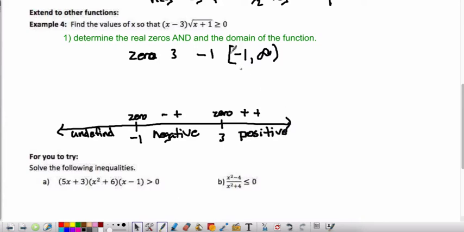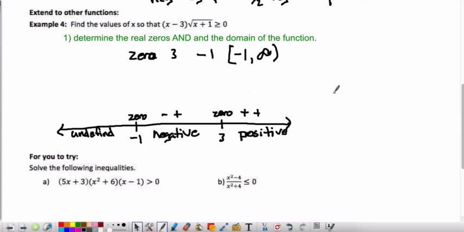Okay, for this one, we're not looking for all 4 different cases. We simply want to know, when is this function greater than or equal to 0? So where is it greater than or equal to 0? Well, that would be over here. This is positive, and our 0 is 3. But equal to 0, that means we also have to include this -1 here.